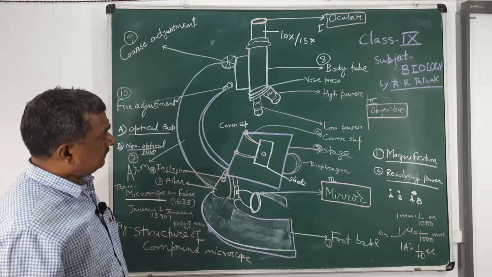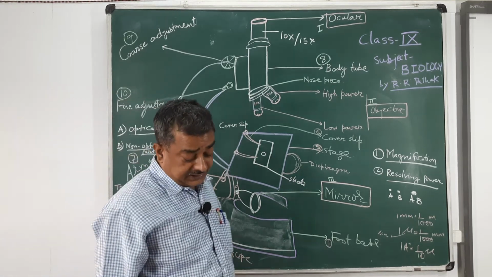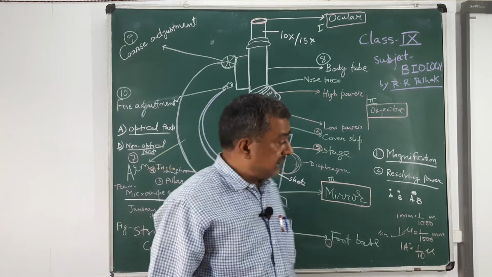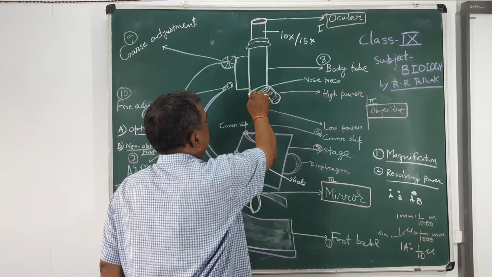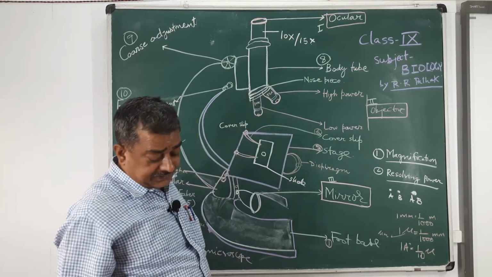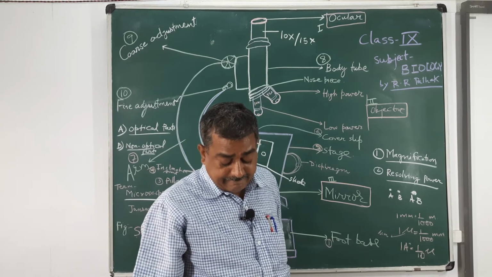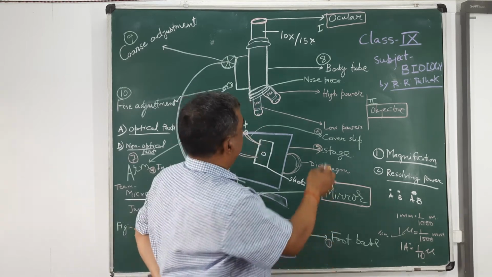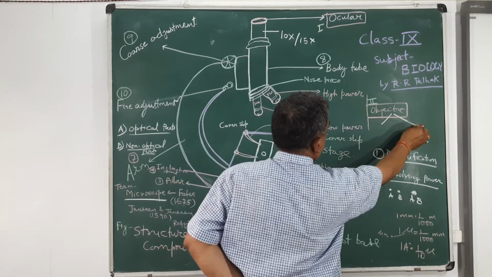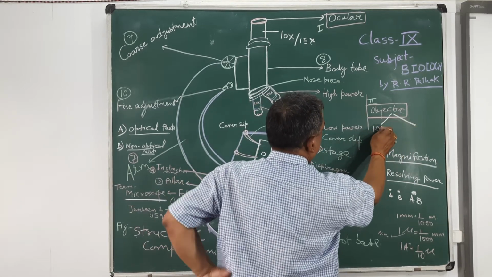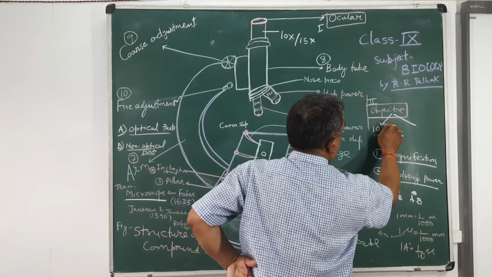Another optical part is called the objective, and the objective is attached to the nose piece. A nose piece with one or more objectives may be attached. Generally there are two types of objective. One type is called 10x or 15x, and another type is called 45x.